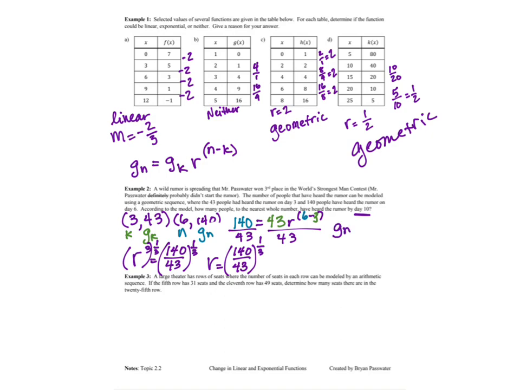G sub n is going to equal g sub k, which is 43, times what is r? 140 over 43 to the 1/3. And that would be raised to the n minus k. So open parentheses up there.